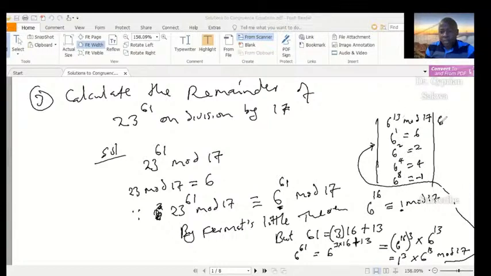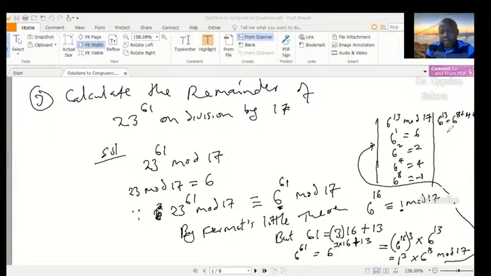Of course, I know that 6 raised to 13 is the same as 6 raised to 8 plus, if I added 4 there, I'll get 12, that is okay, and then I will have to add 1. This is 13.